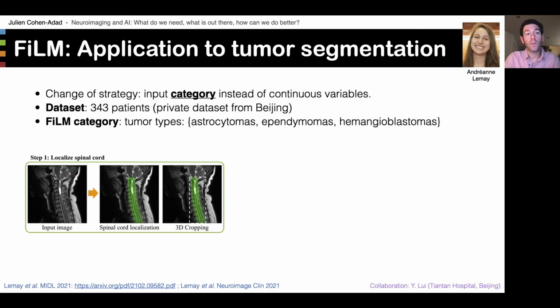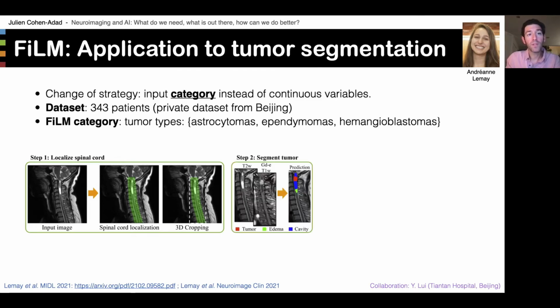To accommodate a very large variety of image sizes, the first step consisted in localizing the spinal cord with a 3D U-Net. So this is a very robust first step. And the second step consists in segmenting the spinal tumor, edema, and cavity on images with 2 different contrasts. So it's a multi-channel input and a three-class model.